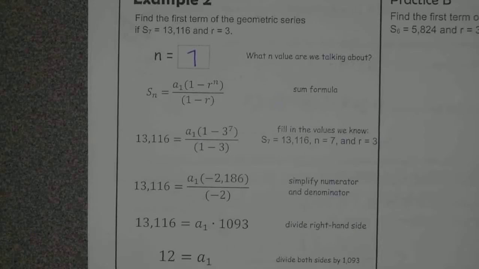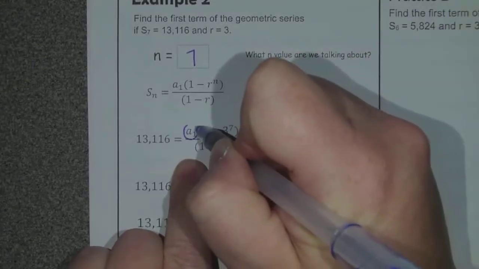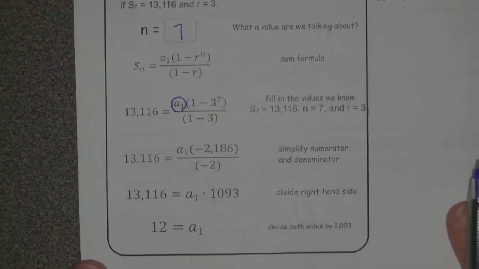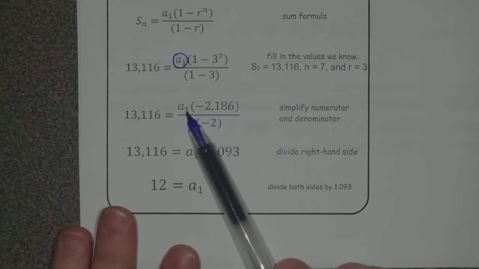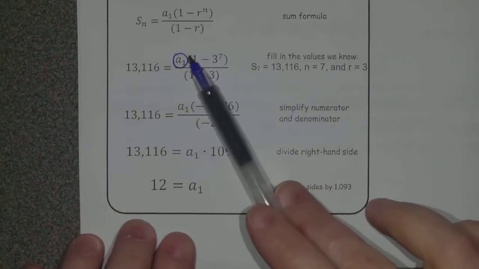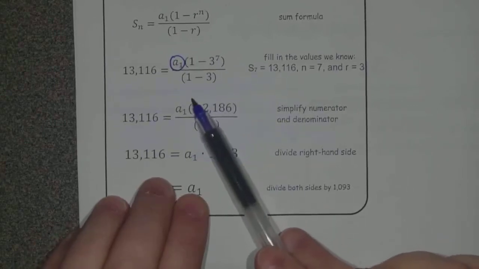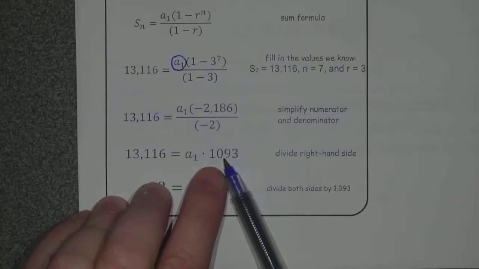So then this time they subbed their information into the formula, but this time we're solving for that first term. They gave us all the other information. So when we do it this time, we have to simplify this side first so that we can isolate the variable. So they simplified the top, they simplified the bottom, they divided this to figure out what that number is, and it was 1,093.